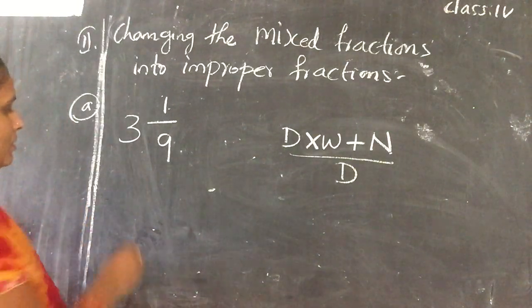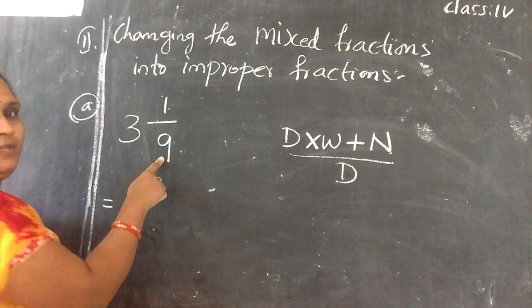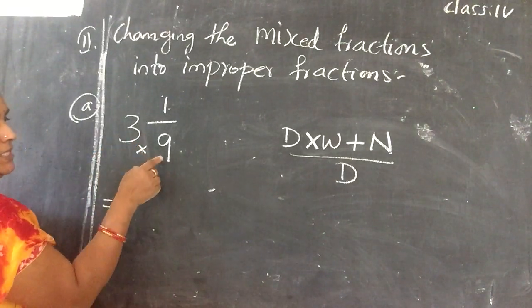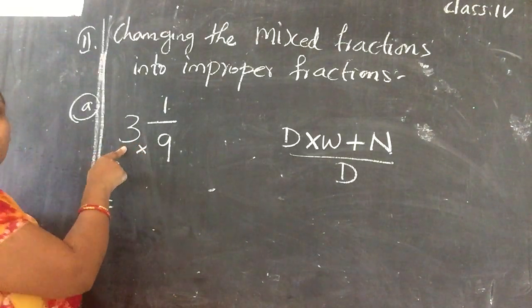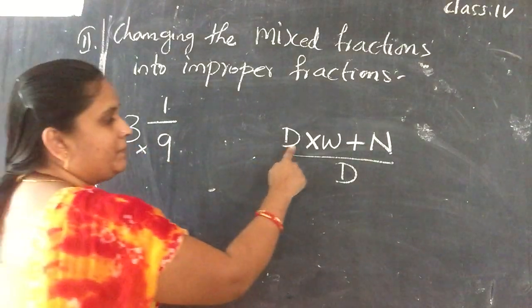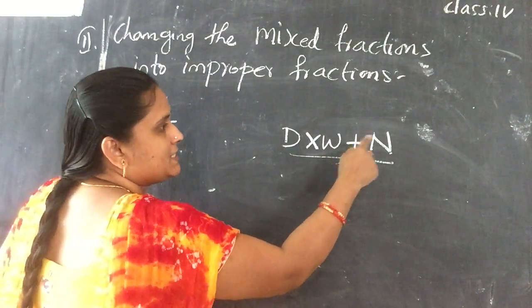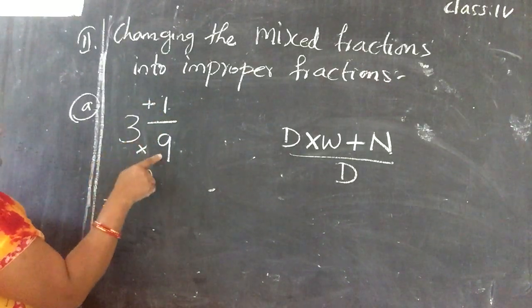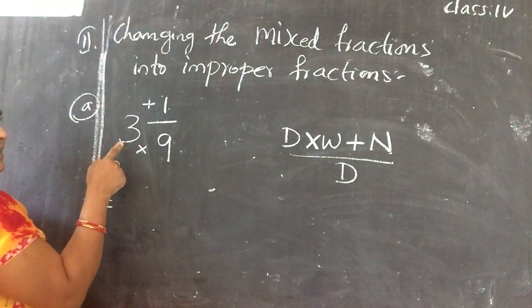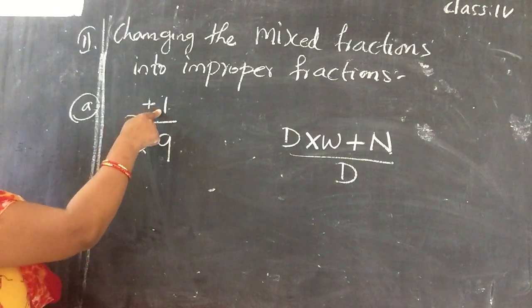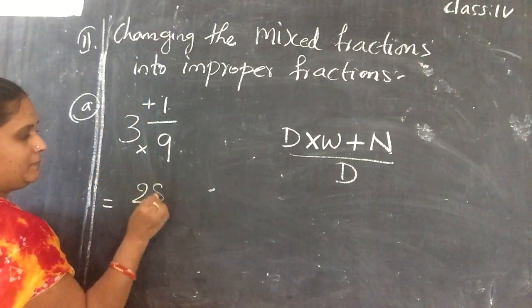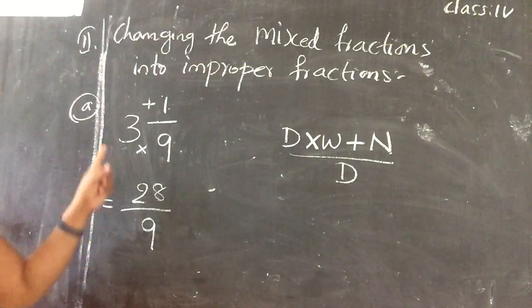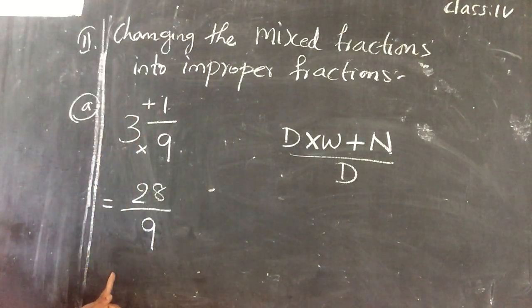Okay, so now what is the denominator here? We are having 9. 9 into 3, do these two multiplications. 9 3s are 27. After multiplying this, what we have to do? Plus numerator. Here numerator is 1 now. So 3 9s are 27. 27 plus 1, 28 by 9. This is the improper fraction of 3 1 by 9.